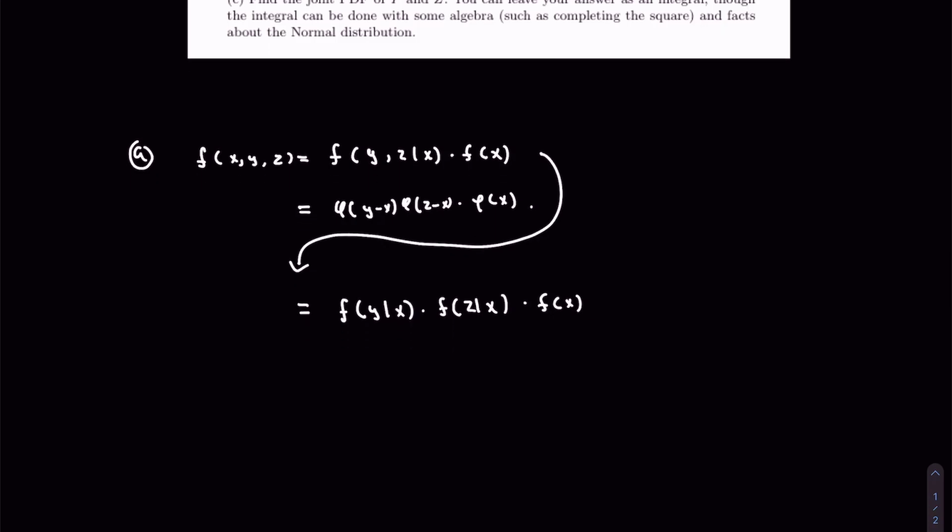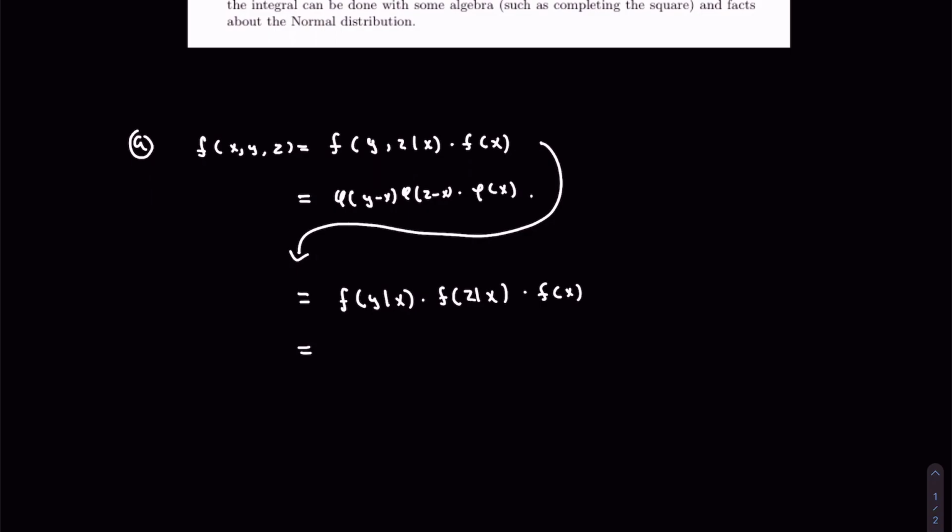Now y is normal, exponential, and now this is not standard normal anymore because it depends on the values of x. So we have y minus x squared, but the variance is still 1, divided by 2. And this will be the same for z.